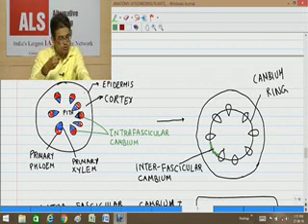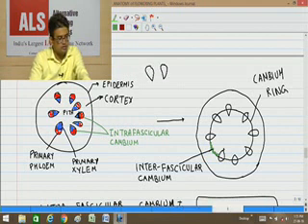If you want me to show you the exact diagram, it happens like this. Suppose this is one vascular bundle, this is another vascular bundle. Now, the cells in between, suppose I am showing them in another color, like pink.